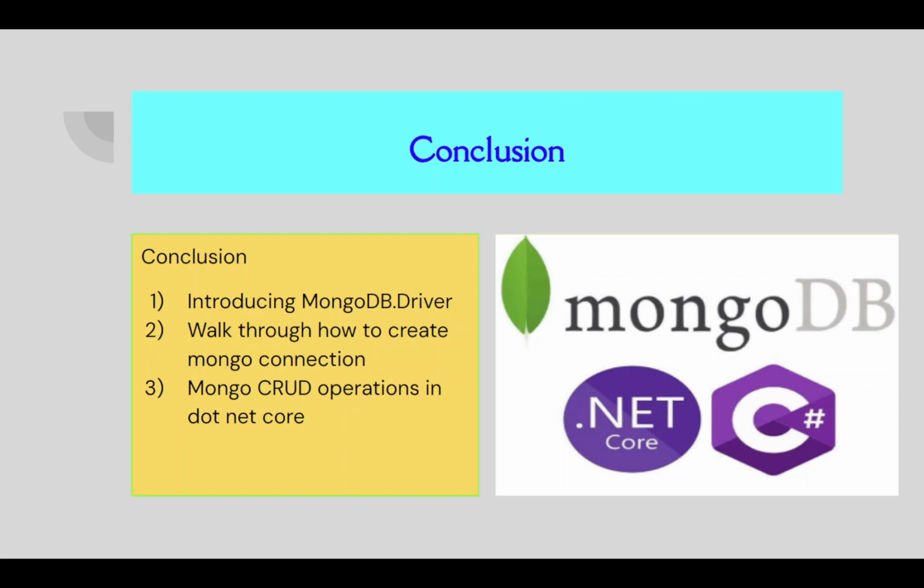As part of this code, we have seen the MongoDB driver, how to install the MongoDB driver into your .NET Core, then a walkthrough of steps like how to create a connection. Then we have seen each and every operation in detail with the code and the database records also.